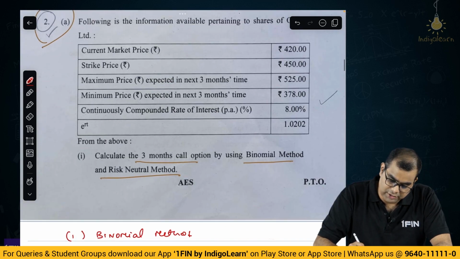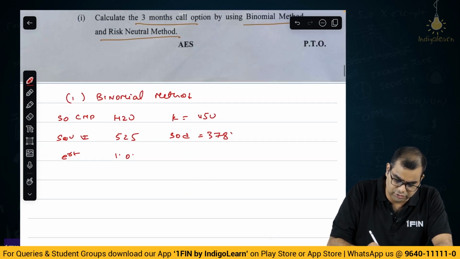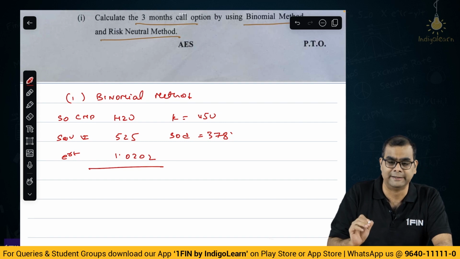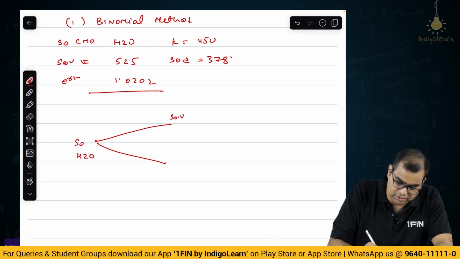E power RT, they already have computed as 1.0202, right? This is given data. Then you draw a binomial tree. Spot S0 is 420. Instead of S0U, you can call it SU because it is not on day 0.